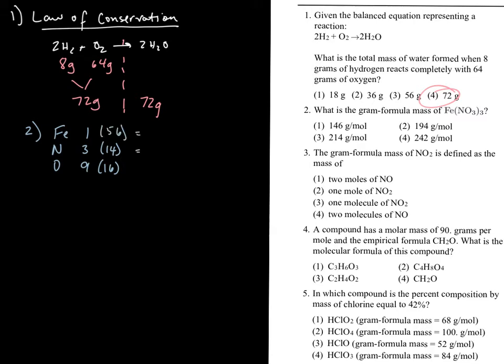Multiply across, and you add them up. This one's 42. And you add all this up. 144 plus 42 plus 56. And you get 242 grams per mole of iron nitrate.